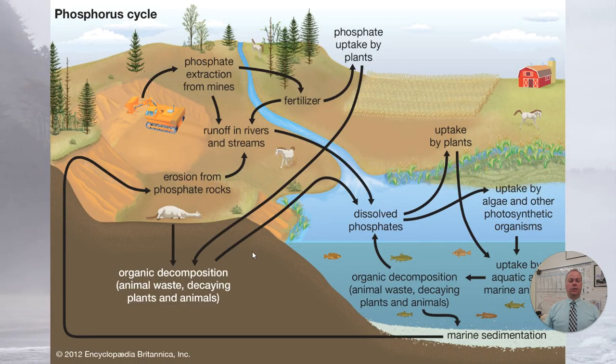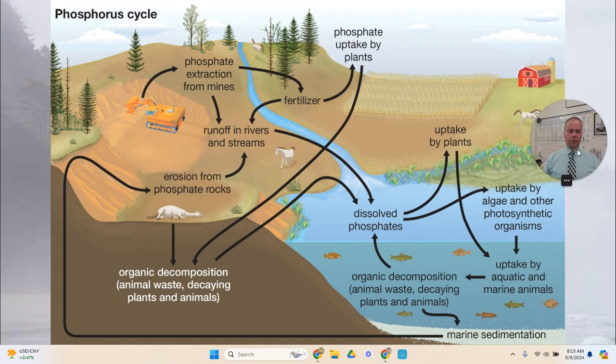So if we imagine a model here of the phosphorus cycle, we can look at some of those flows and fluxes. We can see phosphate that is dissolved in the water here, and that phosphate can come from decomposition of organisms. It can come from runoff in streams and rivers.